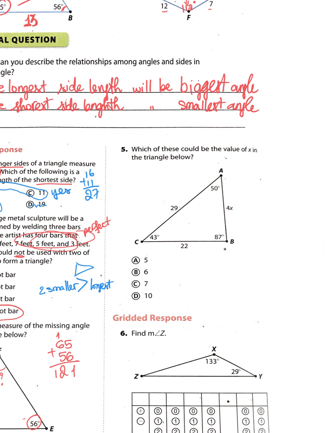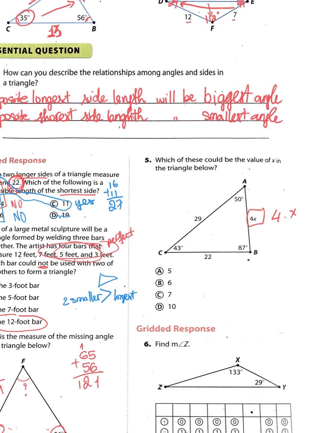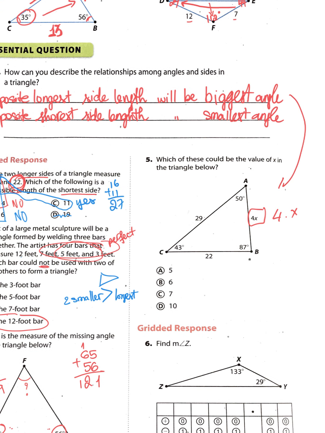Number 5, which of these could be the value of x in the triangle below? Let's see. This is the x, but it has the 4 in front of it, so it means 4 times x. Remember the strategy that we just had right here?